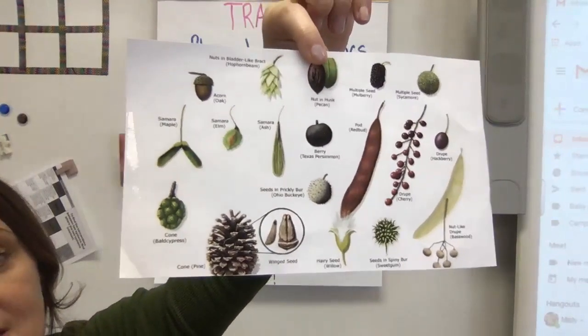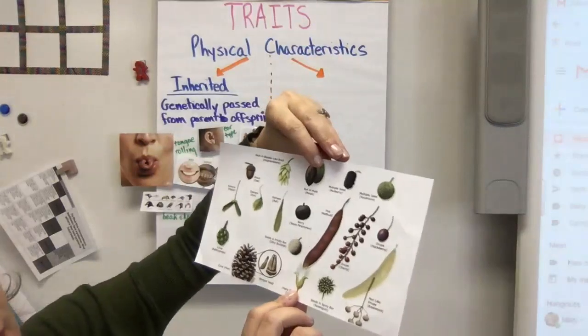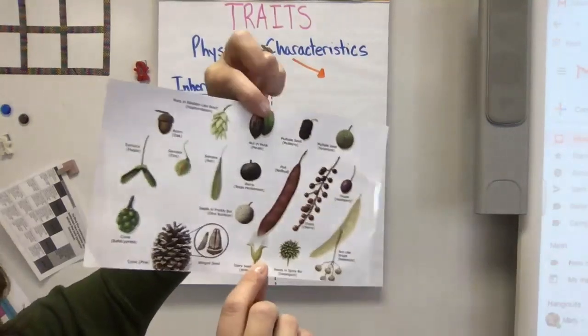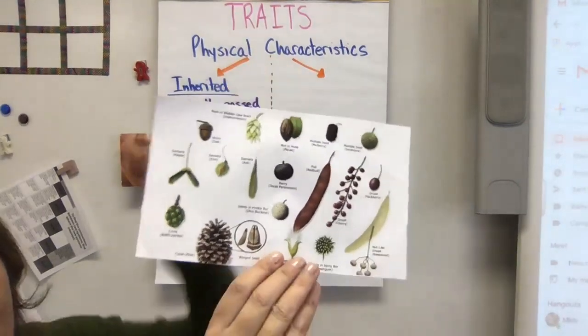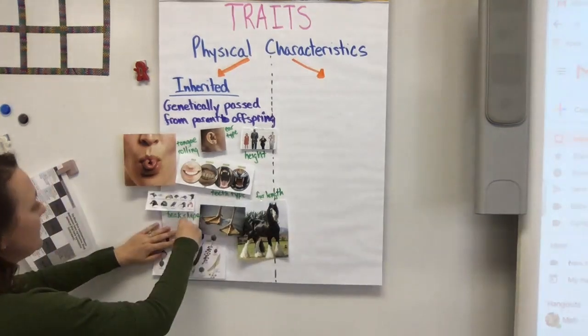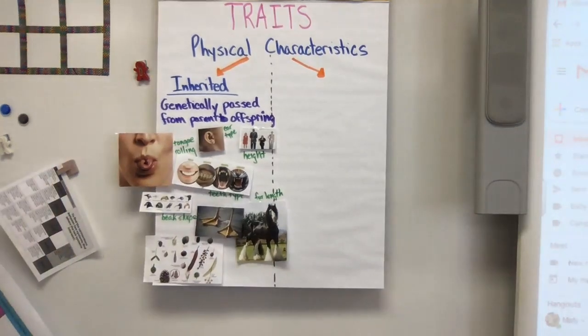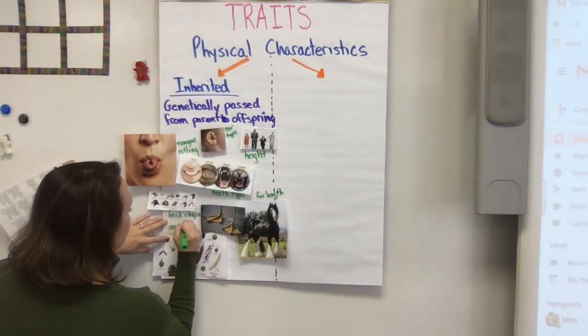You're never going to see a baby pine tree that's going to have these types of seeds. Pine trees have this. It is genetically passed down to them from their parent trees. All right, so I'm going to bring this over here and put this right here, and this is seed type. All of these are inherited traits.